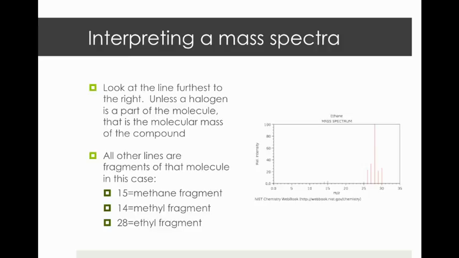That is the mass of ethane. All the other lines you see are fragments of that molecule that were ionized when the substance went through the ionization chamber. You see a 15 line, you see a 14 line, you might see a 28 line. Those are all fragments or pieces of that ethane molecule.